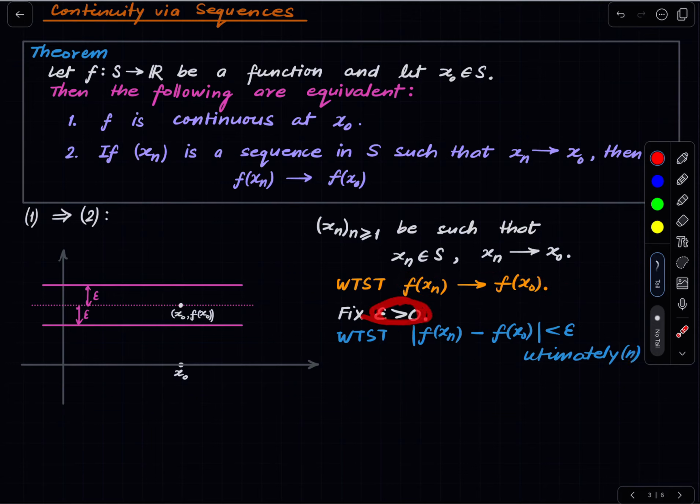So fix some epsilon greater than 0. I have drawn the epsilon band around the point f(x0). And we want to show this. Now by continuity of the function, meaning hypothesis 1, there is some delta neighborhood such that whenever a point is chosen in the delta neighborhood of x0 and in the domain of the function, the corresponding point of the graph is in this epsilon band.